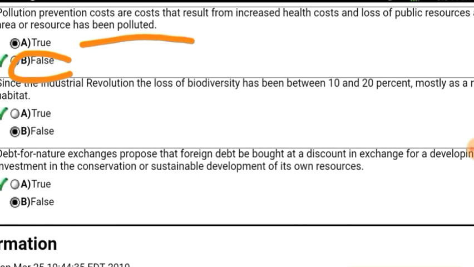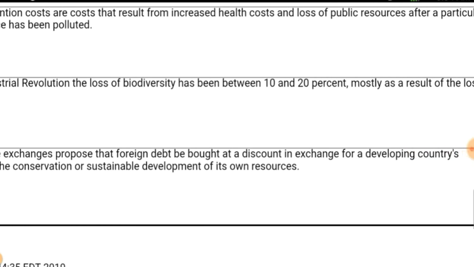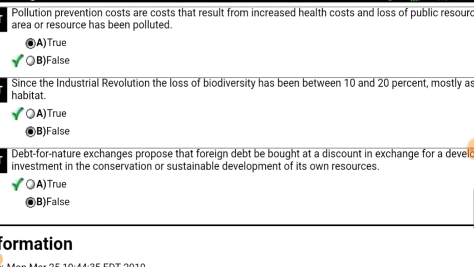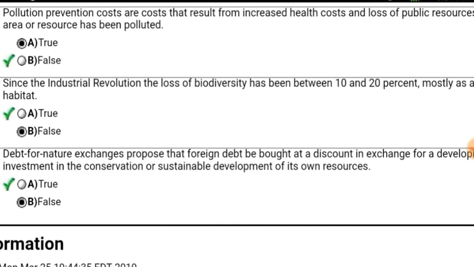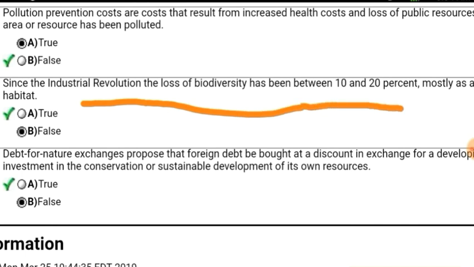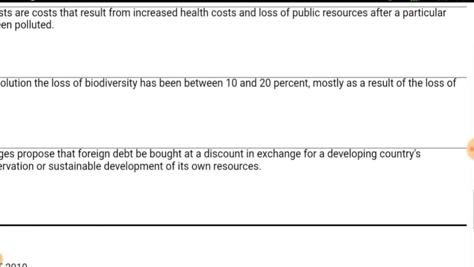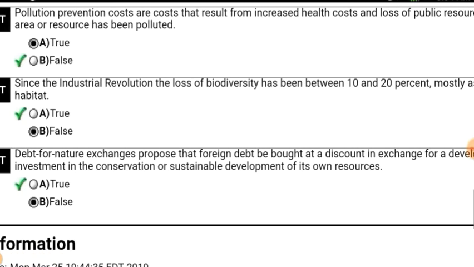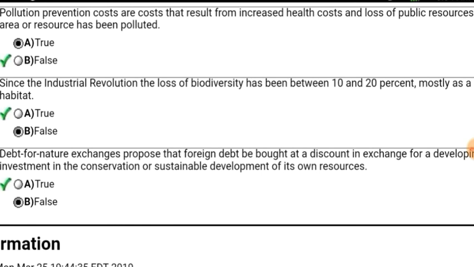Next question: since the industrial revolution, loss of biodiversity has been between 10 and 20%, mostly as a result of the loss of habitat. True or false? It is true.